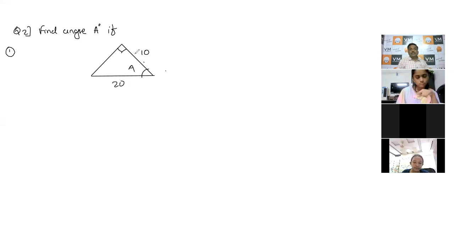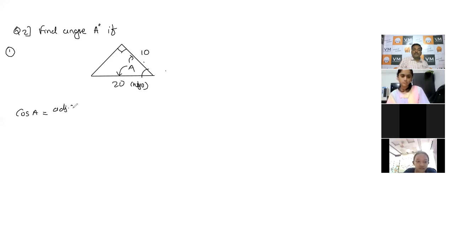So now students see, the 90 is the opposite, this is the hypotenuse given, and the adjacent side of angle A is given. Both are adjacent sides of A, the opposite is not given. One is adjacent, another adjacent, that one is the hypotenuse. So what do we have to use? Cos. Cos A is equal to adjacent side upon hypotenuse.